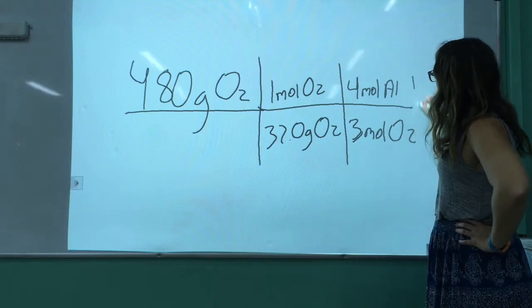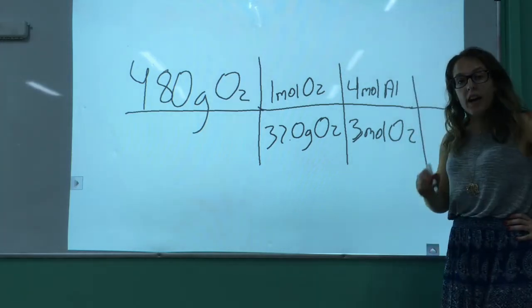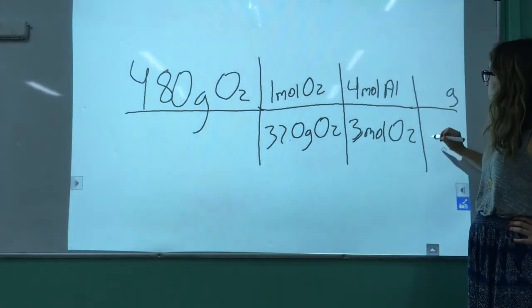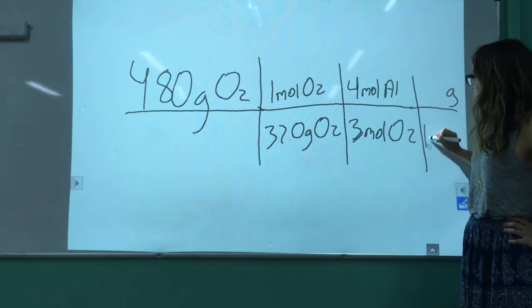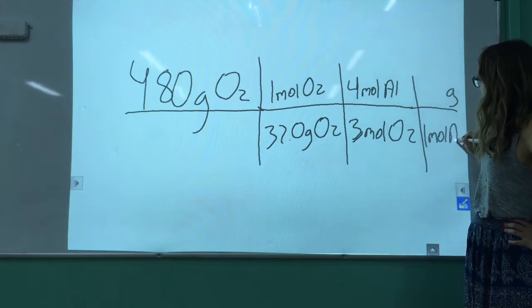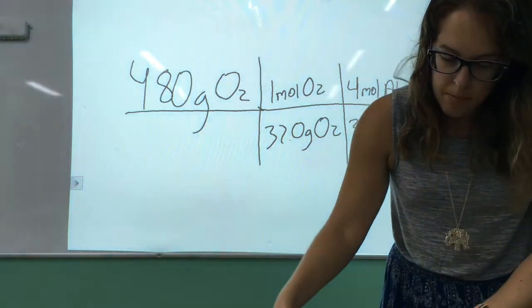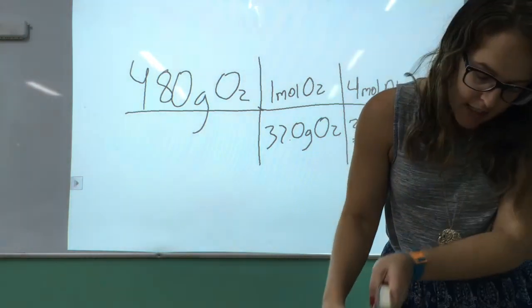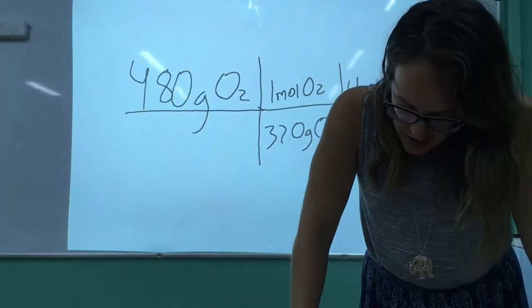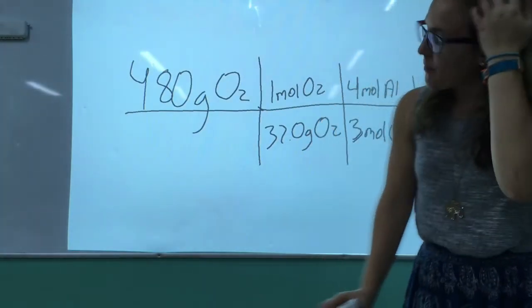And now we need the grams of aluminum. So for every 1 mole of aluminum, we have, let me glance at the periodic table, 26.98.